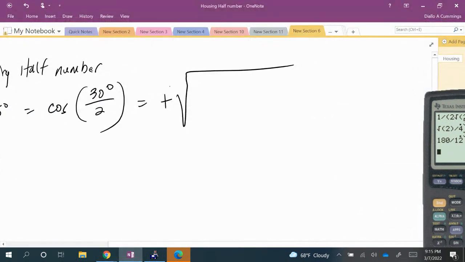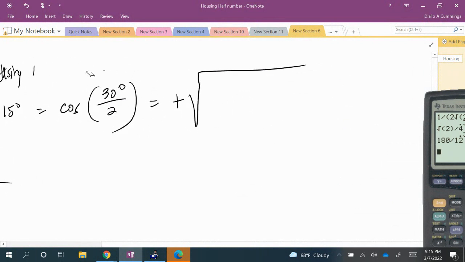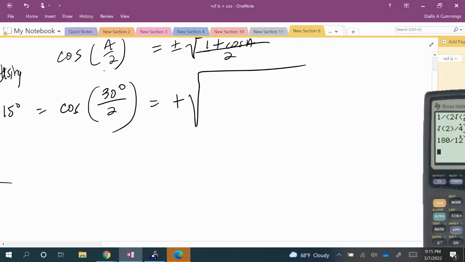Right, so we already established that it's positive, so I'm just going to write the formula above the problem. It's cosine of a over 2, that's equal to plus or minus the square root of 1 plus cosine a divided by 2.